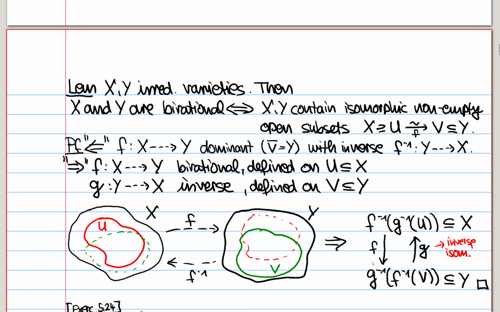So this is how you get these isomorphic open subsets. You just take two times the pre-image like this.